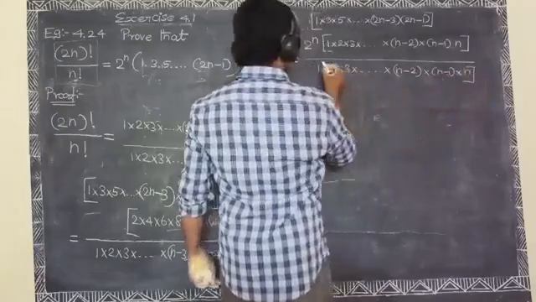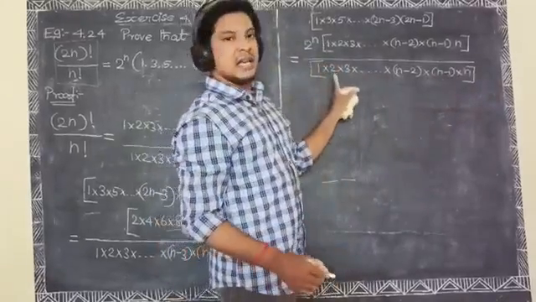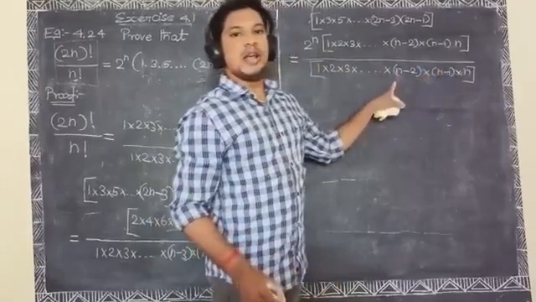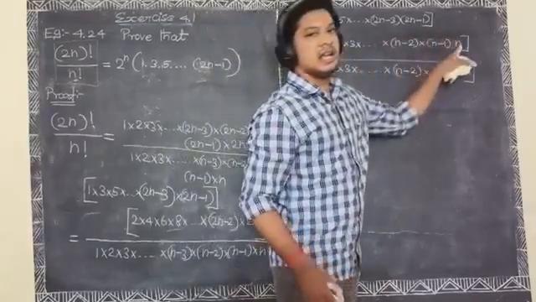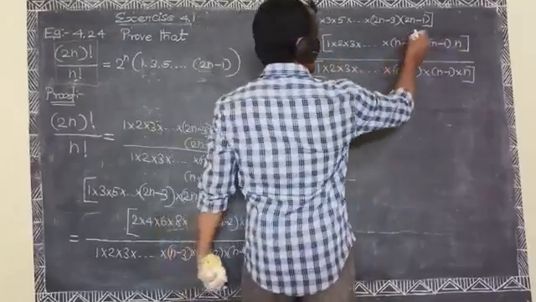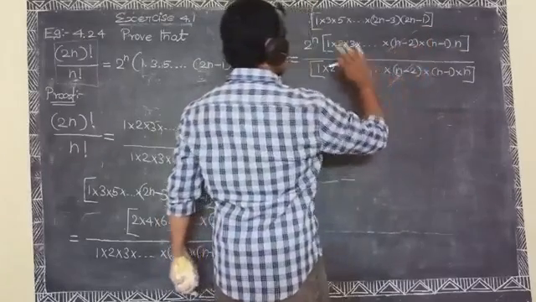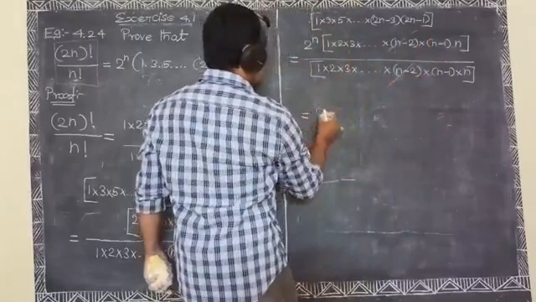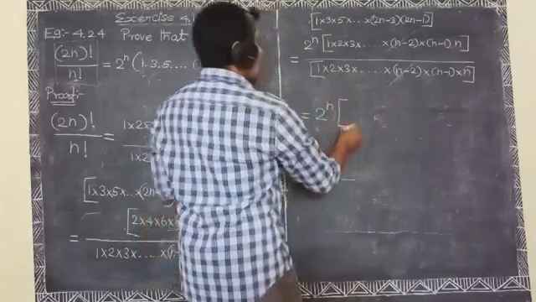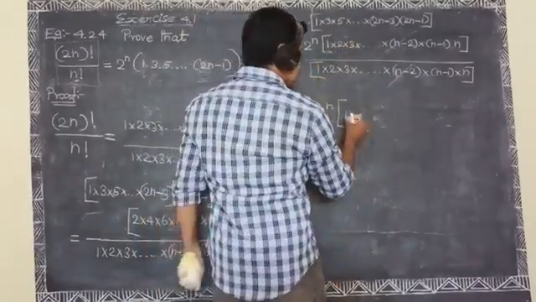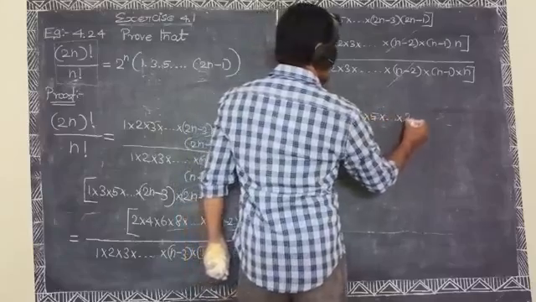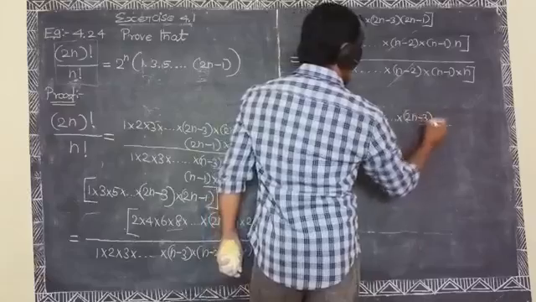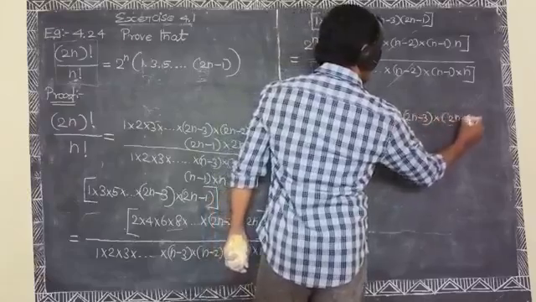Here the denominator we can rewrite as n factorial. Then the numerator is also n factorial. Then the n factorials are cancelled. Then the numerator has 2 power n into the product of the odd numbers, 1 into 3 into 5 into and so on, 2n minus 3 into 2n minus 1.